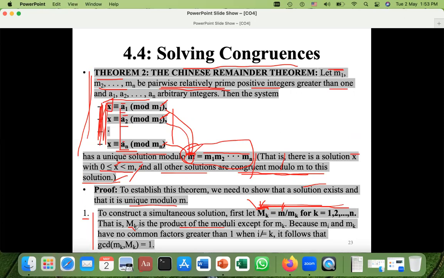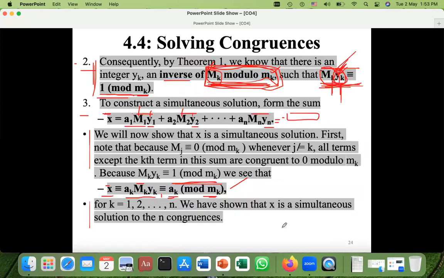And here it is written Mk. This Mk is the product of moduli. Moduli is what? m1, m2, m3. These are all moduli. Mk is the product of moduli except for mk. Mk is not included, and the remaining moduli are included, that is the meaning of that.